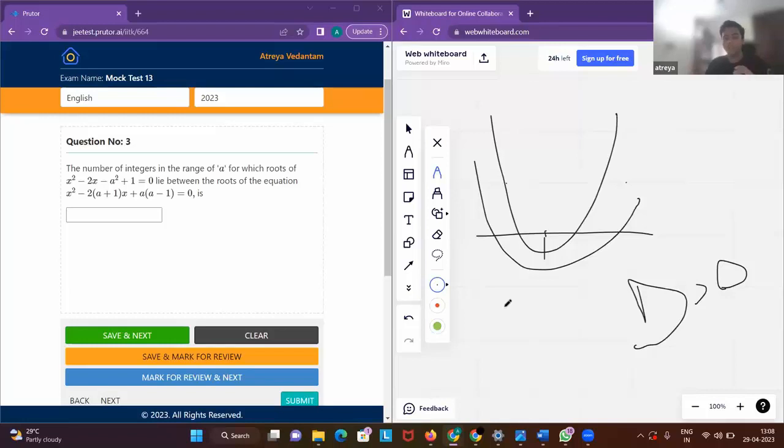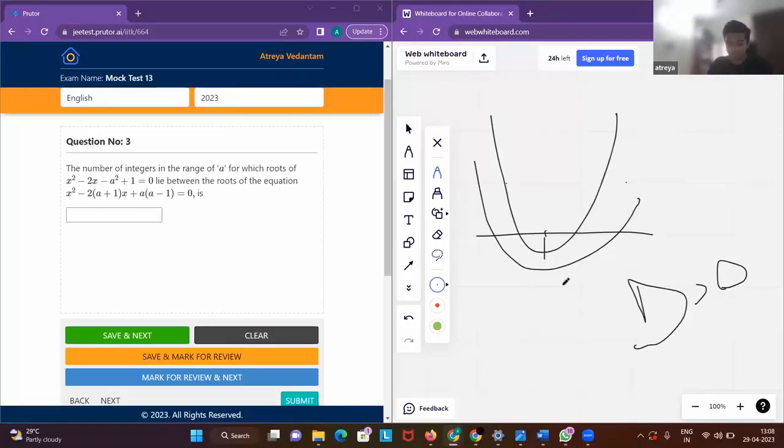So these are the two equations. Now, clearly, since both the roots of the first equation lie in between the roots of the second equation, let us first solve for the roots of the first equation, just to get an idea of where the roots are.